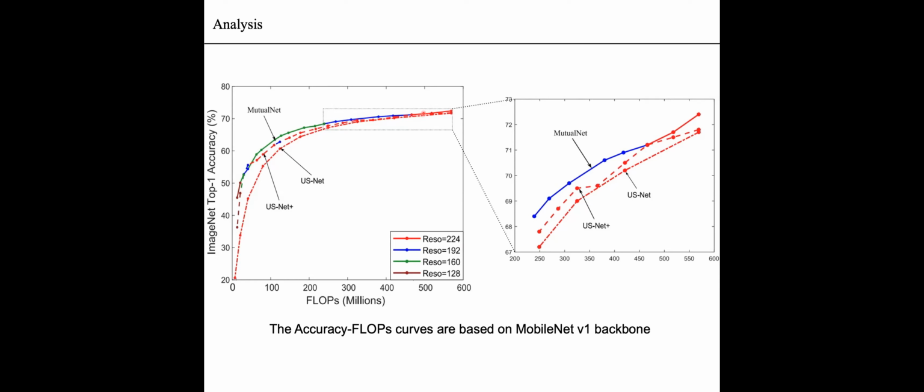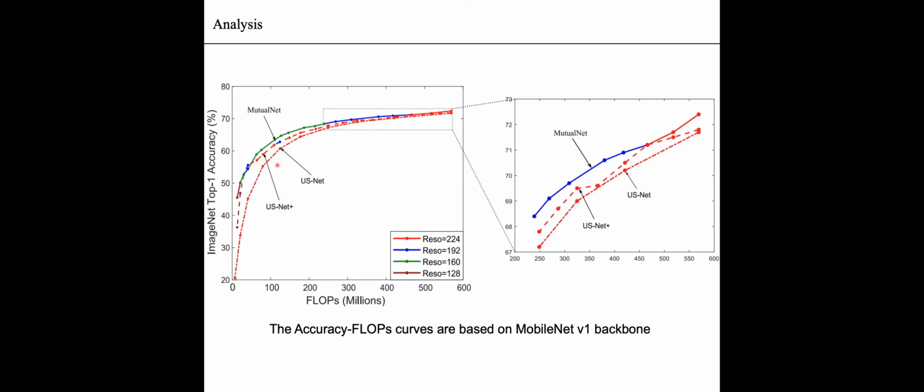But for our MutualNet, because we are considering another factor, which is the input scale, we can achieve a better balance. In the beginning, we use the full resolution, 224. If we keep decreasing the computational cost, then we reduce the resolution, and within the same color we reduce the width. As you can see from this curve, we are able to do a much better job at the lower computational cost side.